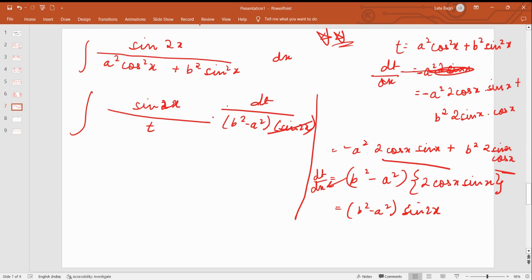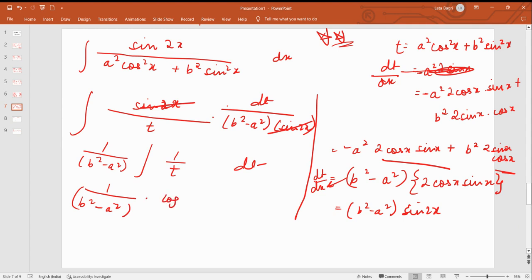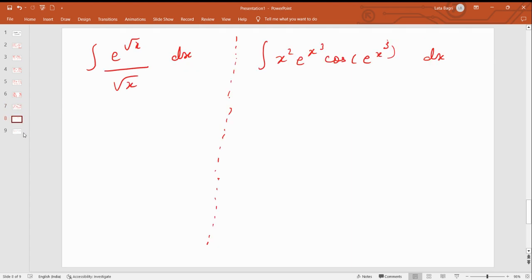Correct? This gets cancelled, and this is not a problem because it is a constant, it can come out. 1 by t dt becomes 1 by b square minus a square into log t plus c, because the integration of 1 by t is log t. Whatever we had taken as t, put it here, and that's the answer.